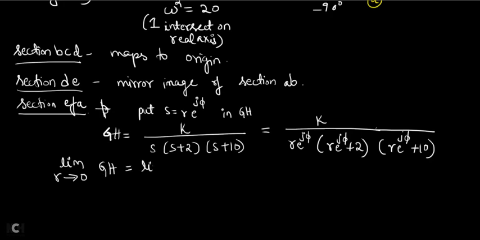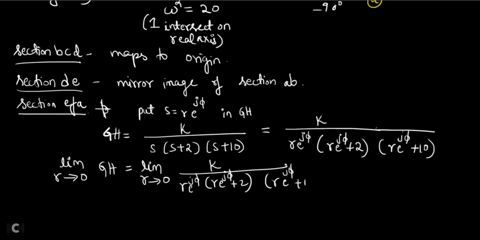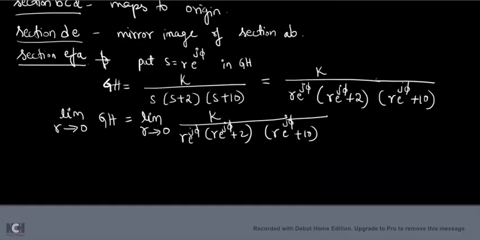Now what happens if you take the limit r tends to 0 for this K value? r e^(jφ), and then r e^(jφ) plus 2, and then r e^(jφ) plus 10. If r is approximately 0, then r e^(jφ) plus 2 can be approximately written as 2, because r becomes 0 and 0 plus 2 is 2 only.